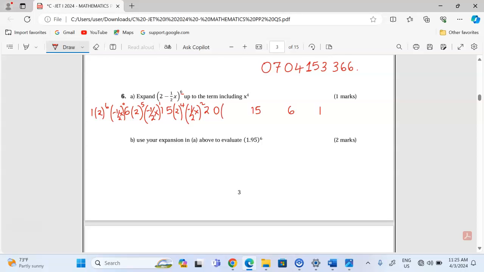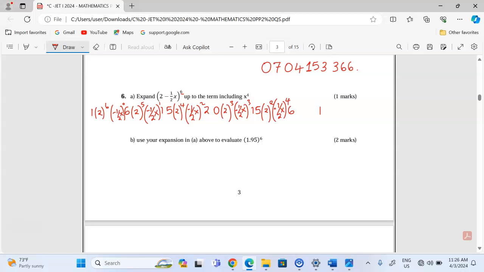We continue to power 3. Then negative half x takes power 3. 2 power 2, negative half x power 4. That is where we should be ending, because we are expanding up to the term which has x power 4. So that is the term we intend to reach.